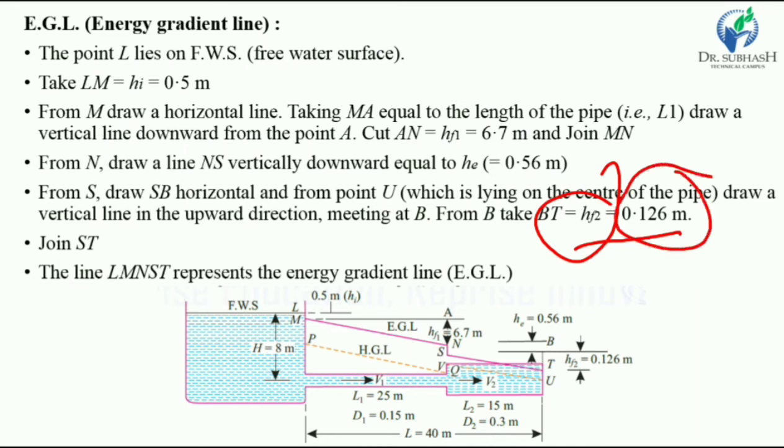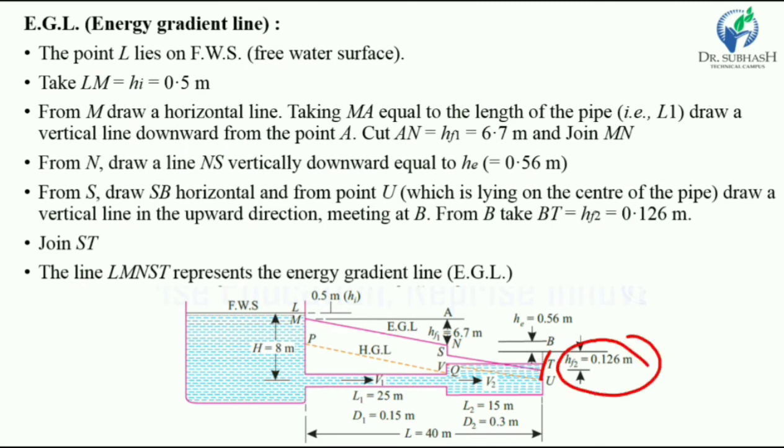How much? 0.126 meter. So from the B point, draw the downward line. The line length is the head loss, 0.126 meter, and we get the T point at the end of the line. Okay. And join the S and T points.